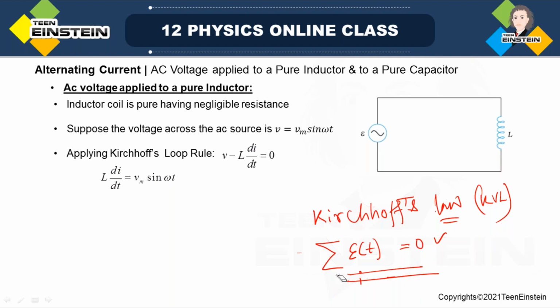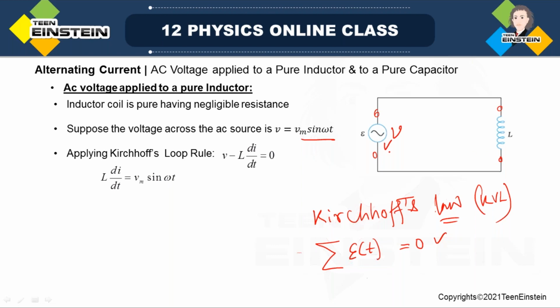Let us see what we have in this circuit. We have a battery source which has voltage V, which is varying as Vm sin omega t, and you have an inductor.